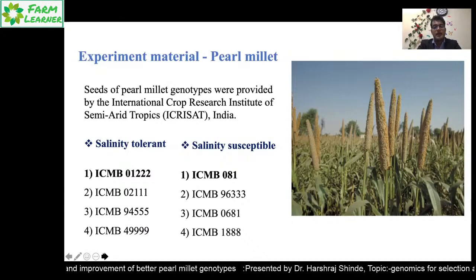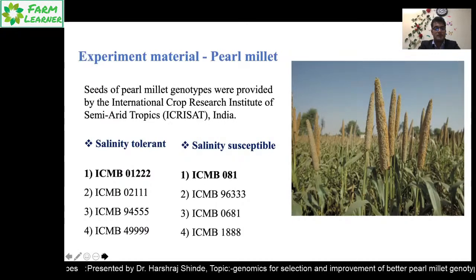So they provided 8 lines, 4 were salinity tolerant lines and 4 were salinity susceptible lines. Then we conducted some trials in the greenhouse for salinity stress tolerance and susceptibility to have the perfect lines for our future RNA sequencing experiment or transcriptome studies.